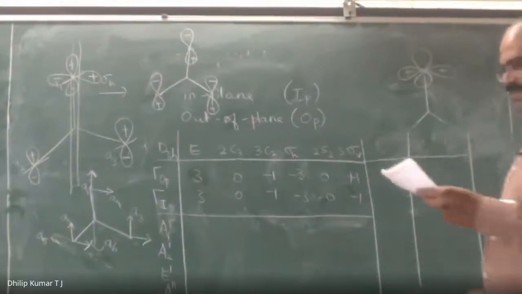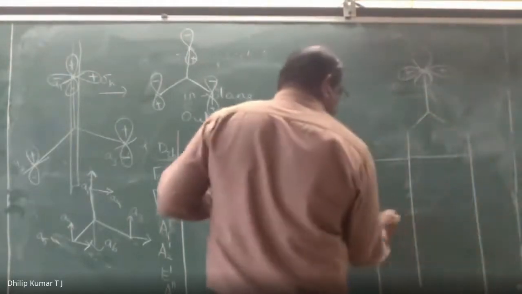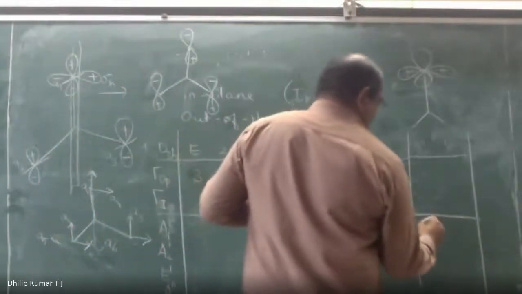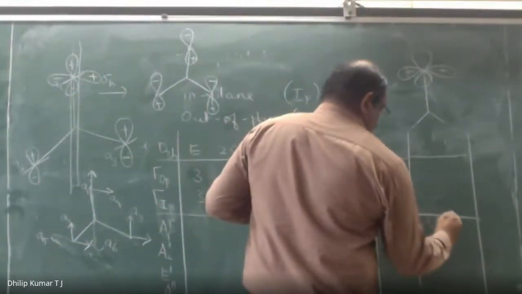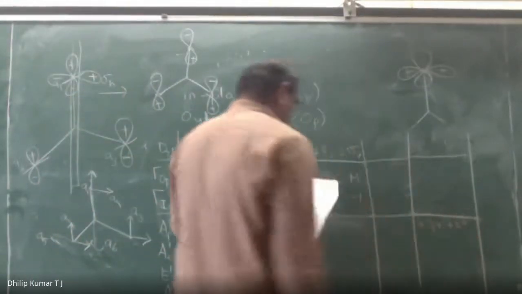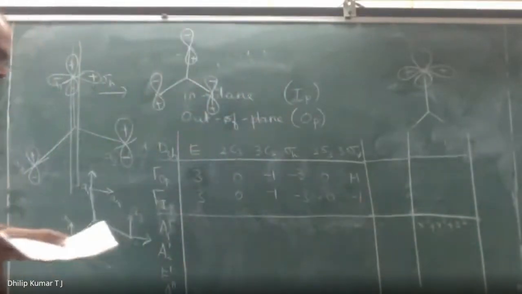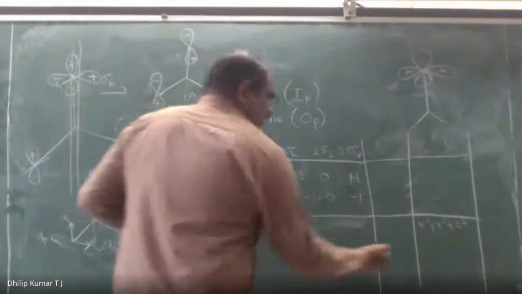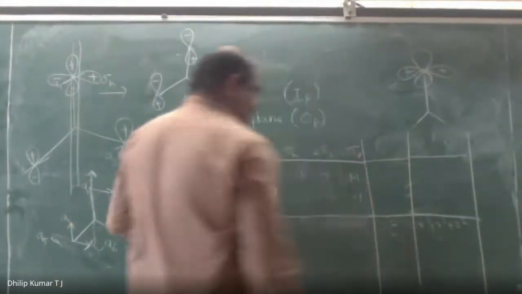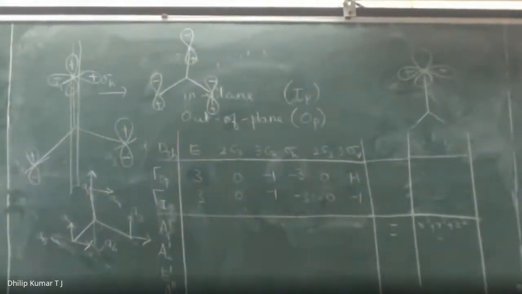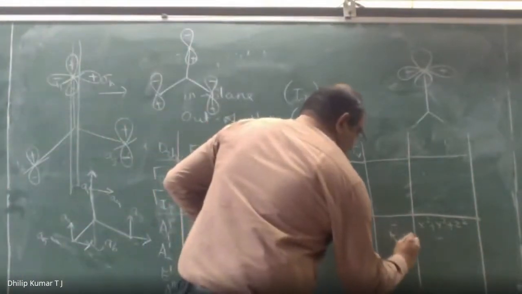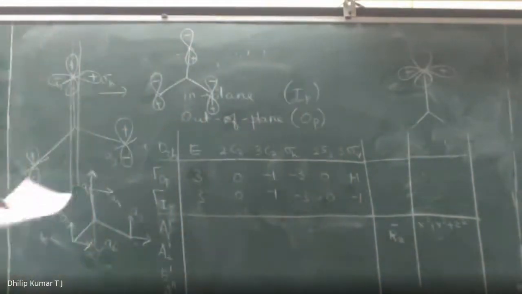So you have A1, which is x square plus y square plus z square. You can just Google it and you will find the character table for D3h. That will be much better. So there's nothing here. No, it's not nothing, it's Rz, rotation about the Z axis, that is the second one, A2 prime.